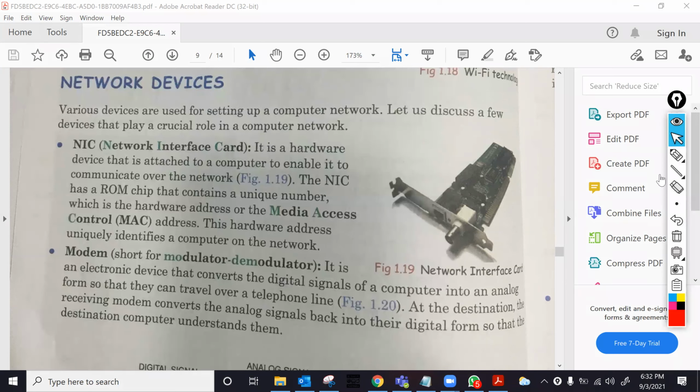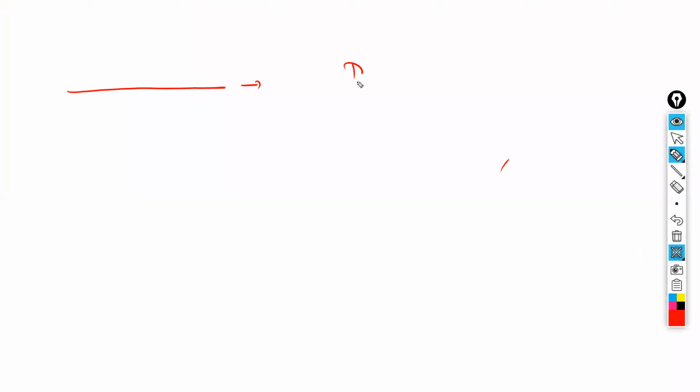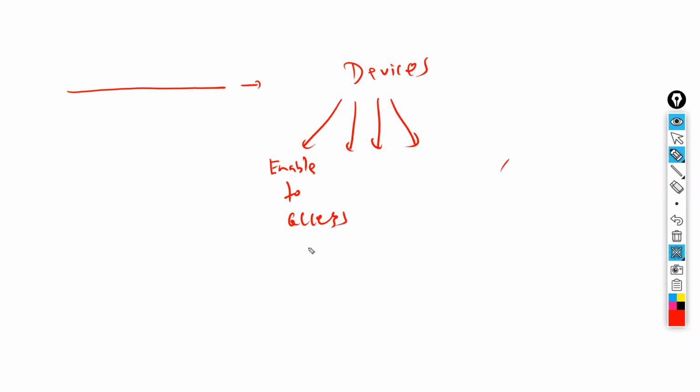Right. So networking devices, right? So what do you mean by the networking devices? Networking devices means whatever devices which can enable access to some other network, such as the internet, right?